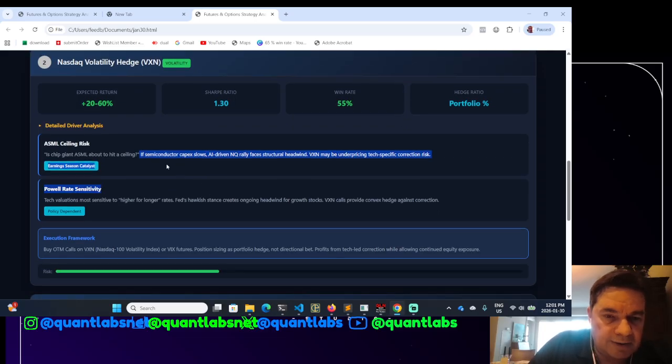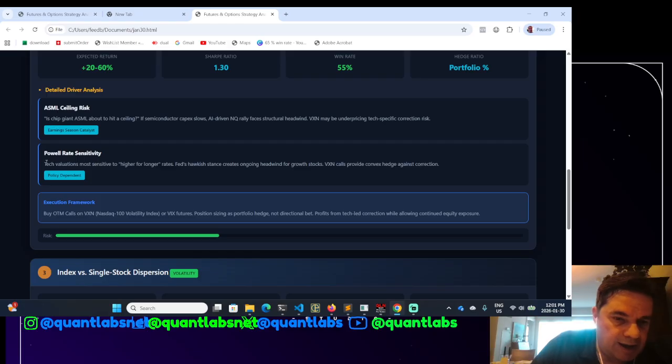If semiconductor capex slows, AI-driven NQ, the NQ futures symbol for Nasdaq, faces structural headwind. So again, there might be volatility and structural headwind concerns. VXN may be underpricing tech spec correction risk.